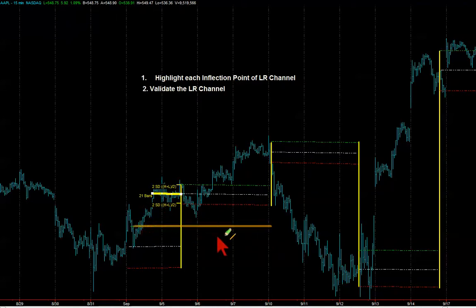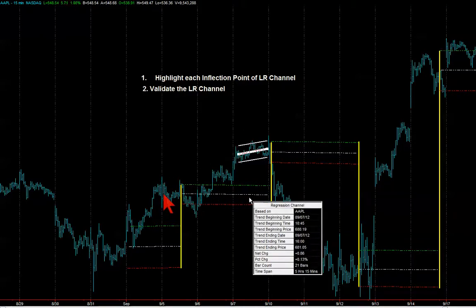So that's the high of the first original LR channel, and now the low is actually above the high. So that validates this linear regression channel. So we move on.